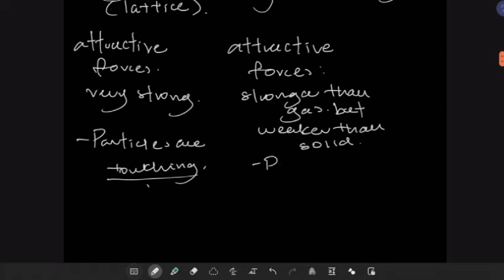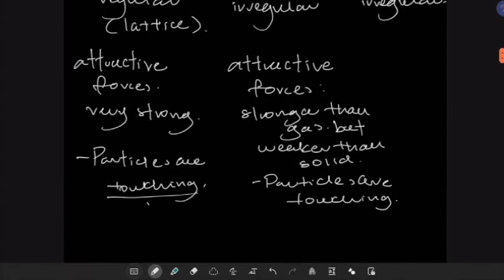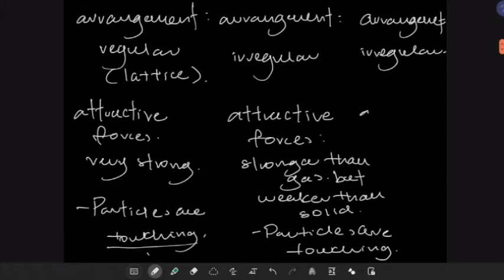This way, the particles are touching. The particles are still touching, yes, but they are not arranged in a regular formation. And it has also another factor in, which is movement, which we will talk about later. Now let's go on to gas. Attractive forces between gas particles, it is the weakest. So you can say the very weak.